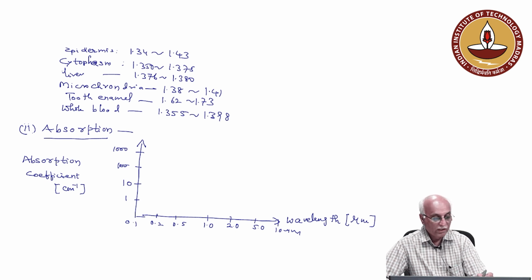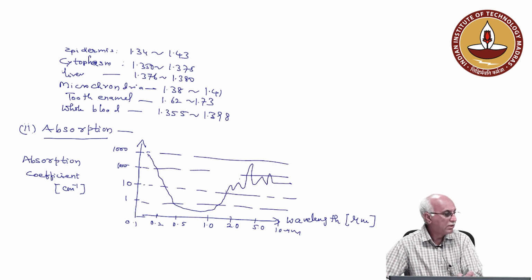right? So if we consider this, then what we will observe, I'm just doing a rough sketch in order to give you an idea. Approximately this may be around 2.9 micrometer. This peak is around here, this peak is around 0.19 micrometer.